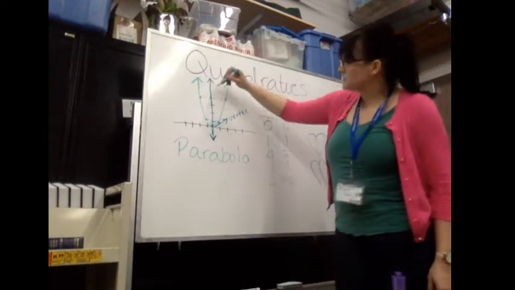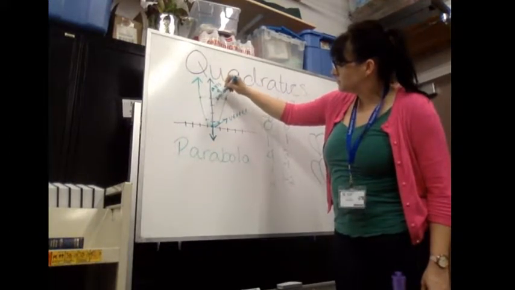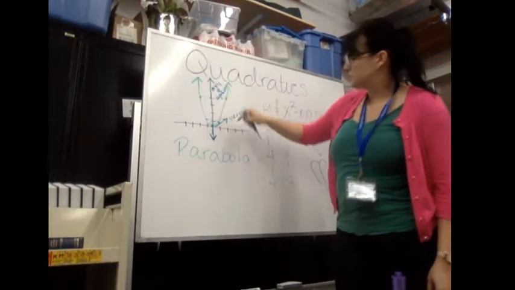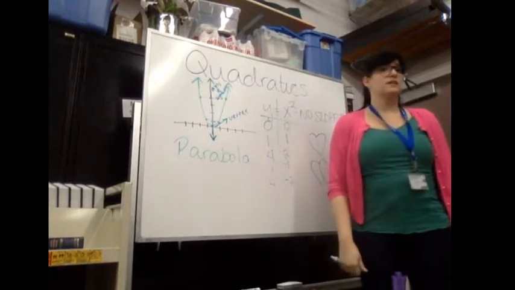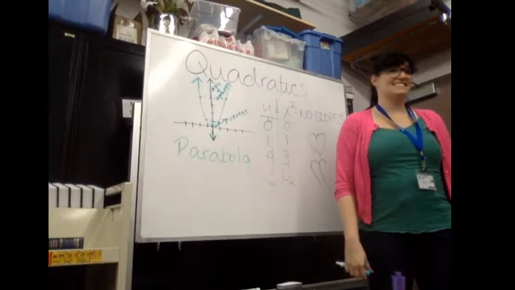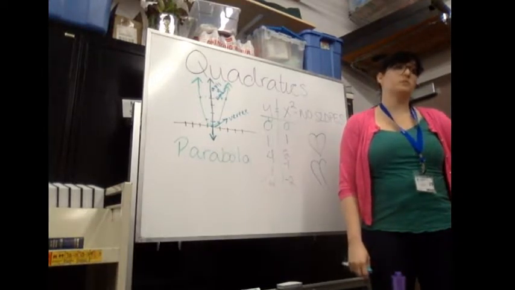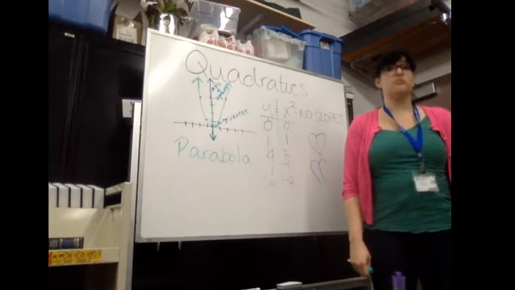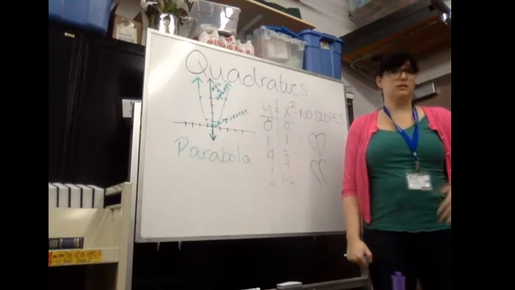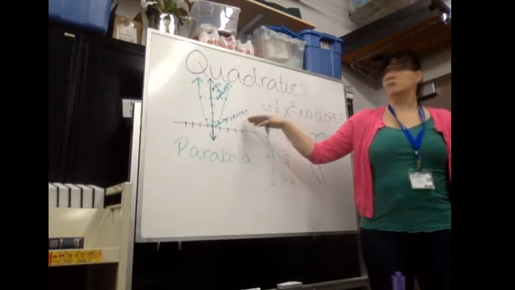So this is the axis of symmetry. And this is the vertex. Those are the only two parts of a parabola that we study. Now, graphs in general will have more parts, like x and y intercepts, right? But specific to parabolas, they will have these two things.